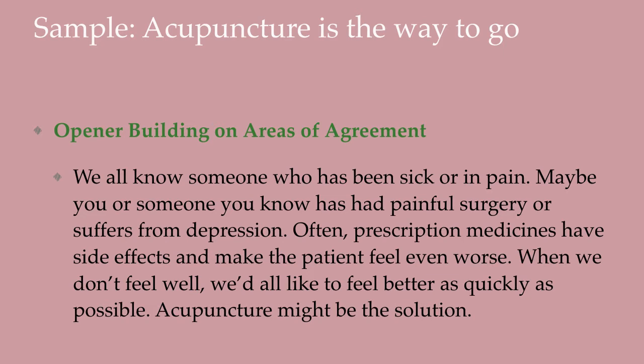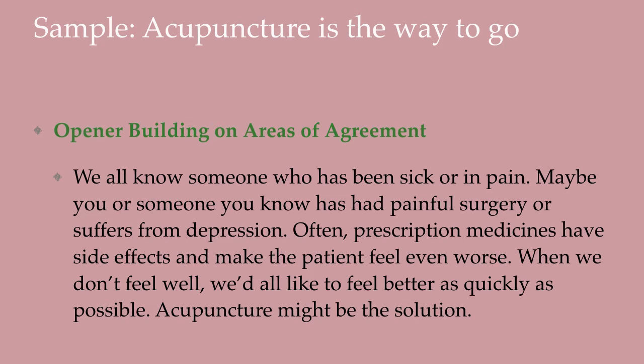Okay, let's take a look at the outline of the persuasive speech that uses these seven components of persuasive speech. The topic is acupuncture is the way to go. I will show you step by step, in each component, starting with the first component, opener, building on areas of agreement.